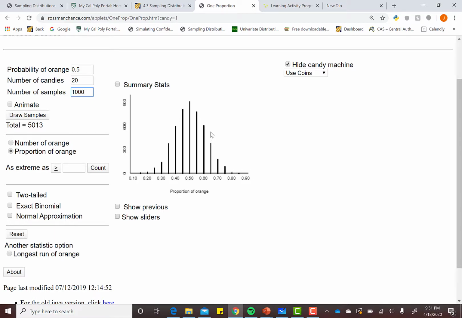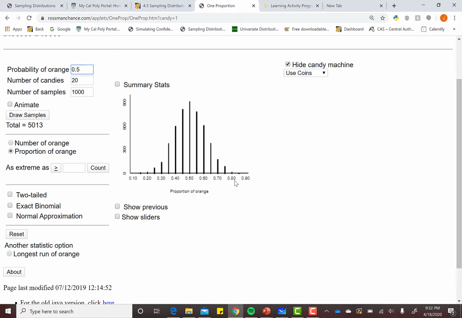Our central limit theorem not only applies to sample means, it also applies to sample proportions. But something we need to keep in mind is this as well. Look at where this center is. The center is 0.5. Our population proportion is also 0.5. Your population proportion and the mean of this sampling distribution will always equal the same thing.